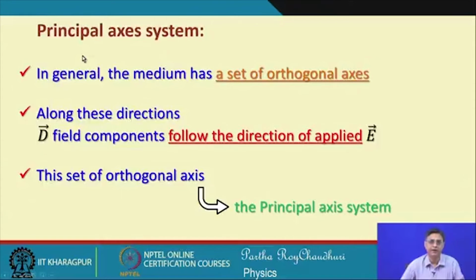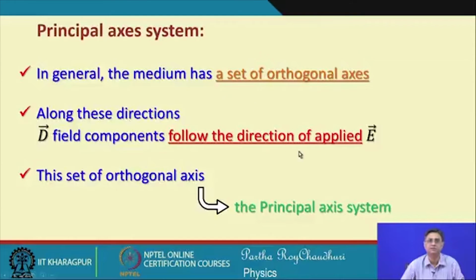So, what we find so far is that in general the medium has a set of 3 orthogonal axes, and along these directions the D field components follow the direction of the applied field.